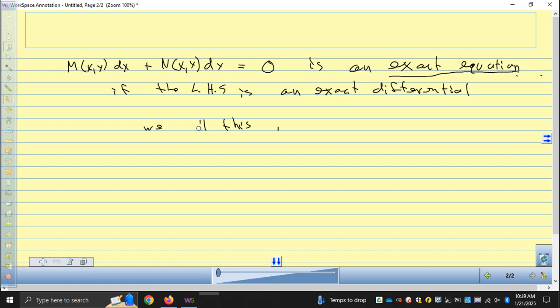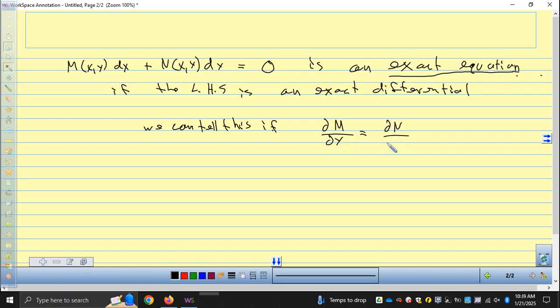We can tell if the partial of M with respect to y equals the partial of N with respect to x. So this differential equation is an exact equation. This expression is an exact differential if the partial of M with respect to y is the partial of N with respect to x. This is exactly the test for conservative fields in the plane.